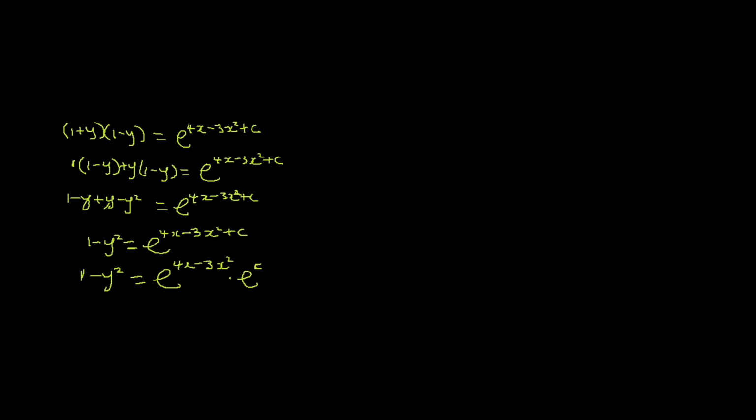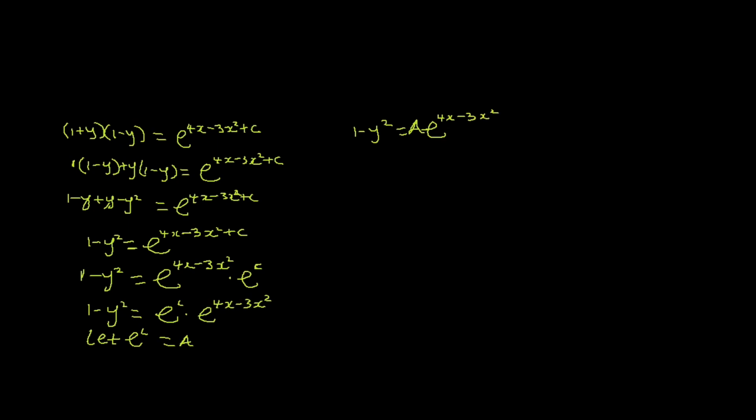So it now becomes 1 minus y squared equals exponential c dot exponential 4x minus 3x squared. So let's make our assumption again. Let our exponential c be equal to a. That means our 1 minus y squared will be equal to a exponential 4x minus 3x squared.